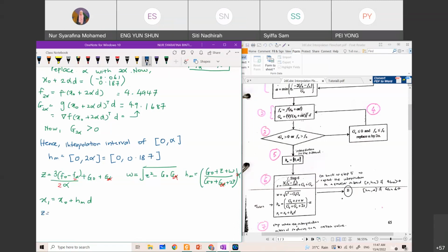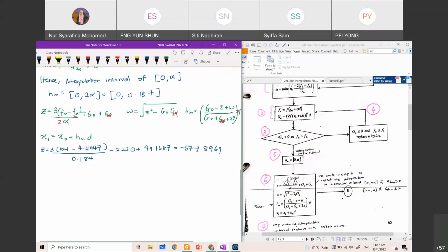Z equals 3 times F0, which is 104, minus F2 alpha, 4.4947, divided by 2 alpha, 0.187, plus G0, which is minus 220, plus G2 alpha, 49.1687, equals negative 577.8969.